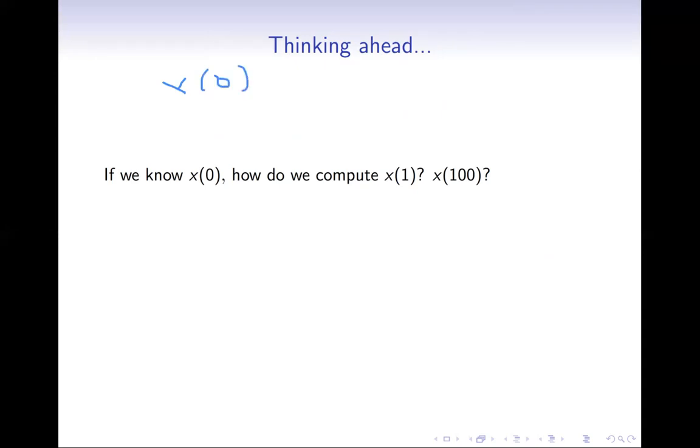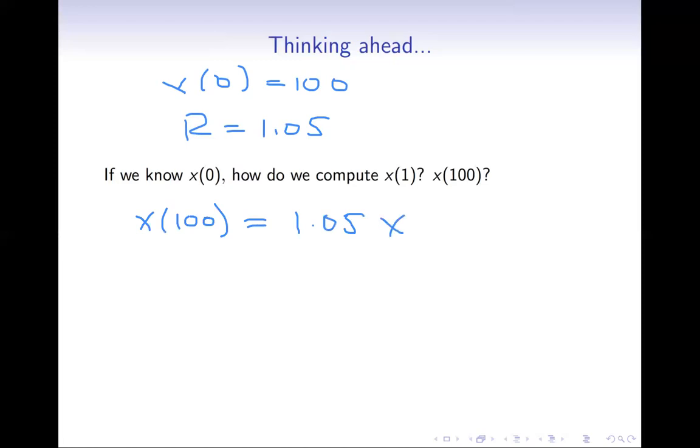Now let's continue with the same initial condition and the same capital R and look at computing x of 100. Our model equation tells us that'll be capital R, 1.05, times x of 99. Okay, we don't have x of 99 right now, but I could just use the model to compute x of 99, and the model tells me that's 1.05 times x of 98.